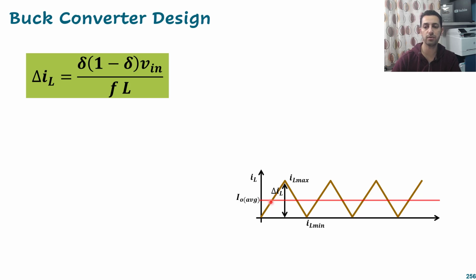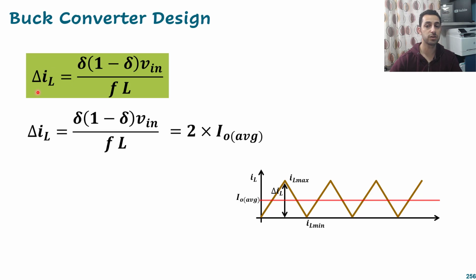I think you will agree with me that the ripple from maximum to minimum will equal 2 times the output current, the average value. That appears from the graph, because the distance from the middle to the minimum equals the distance from the middle to the maximum. So that means delta I equals 2 I output. From there, we can replace delta I with 2 I output here.